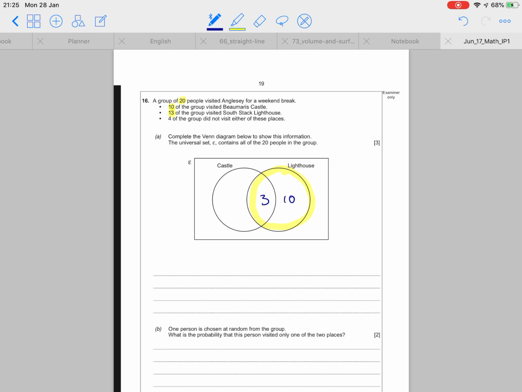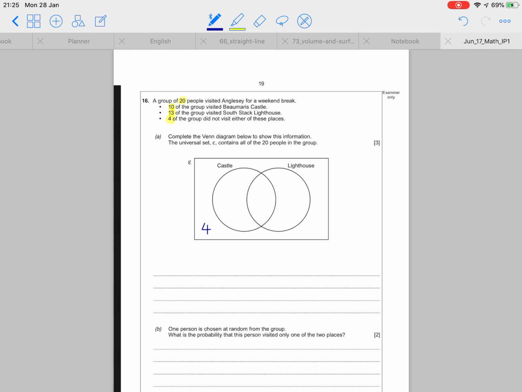I don't know if it's 10 and 3, 3 and 10, 5 and 8. All I know is that the total for the lighthouse is 13. I am told that 4 people, this I can use, don't go to either place. So in this outside space, we've got 4 people. But that's the only number I can put on that diagram at the moment that I know is absolutely correct.